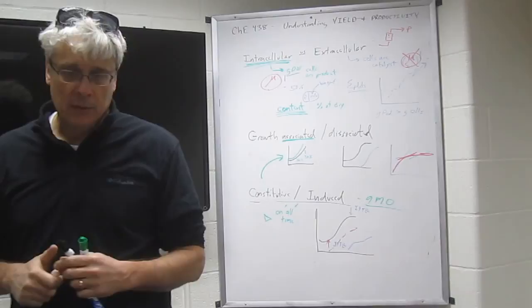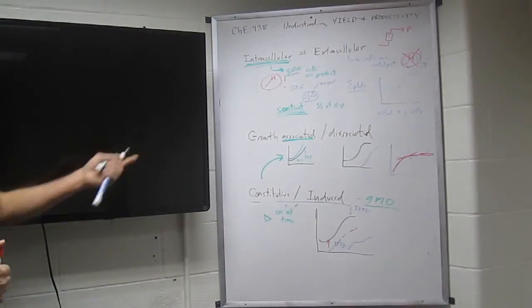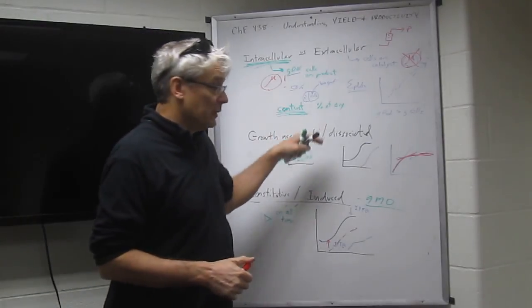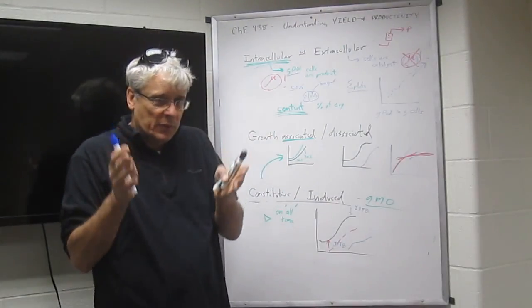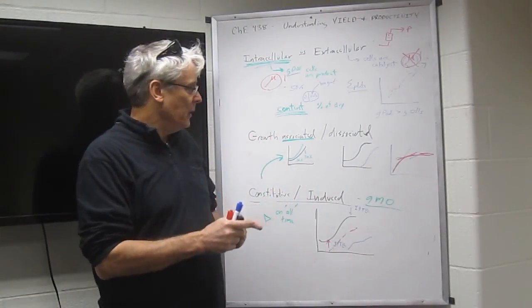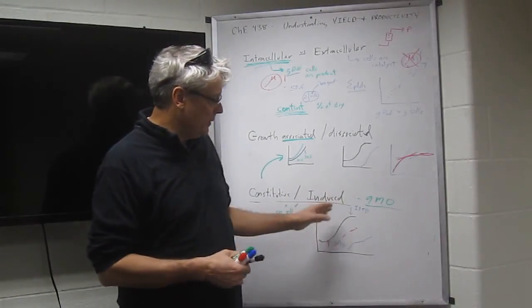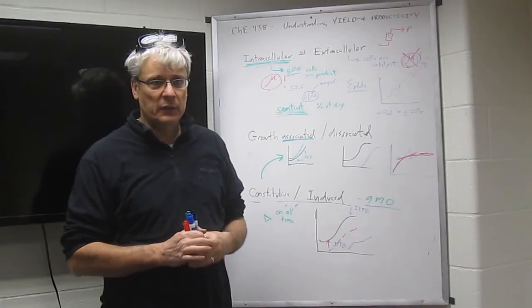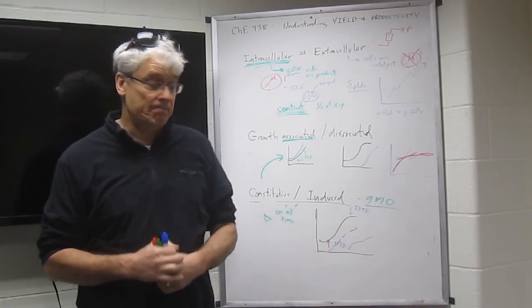And ultimately, the last thing I should have probably mentioned is if it's a continuous system, then productivities are really easy because it's what comes out of the reactor. You simply look at what's flowing out of the reactor, and that is your product being made. That's it.